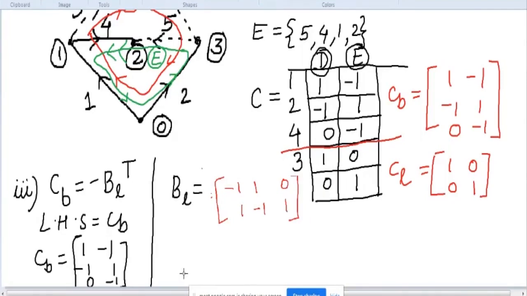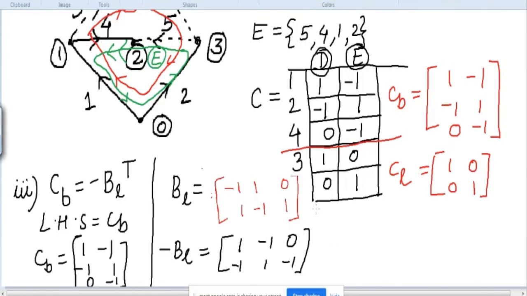So if we write BL in this way, then what should be minus BL? For minus BL, we will have to multiply the minus sign to this complete matrix. So this will be 1 minus 1 0, then, sorry, minus 1 1 minus 1.